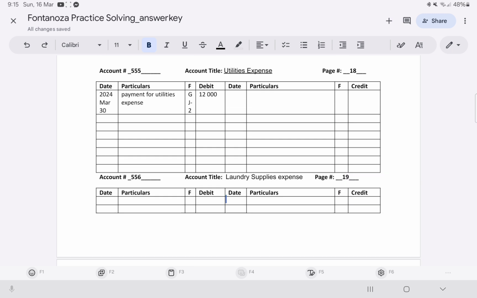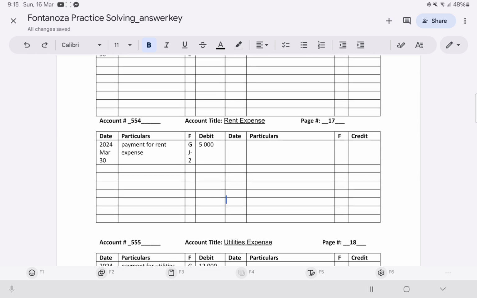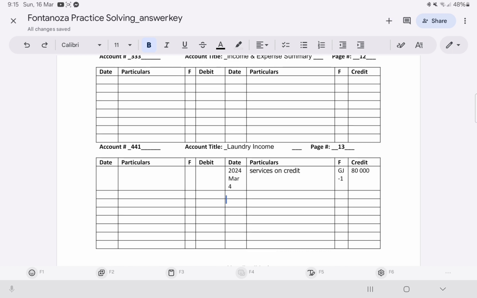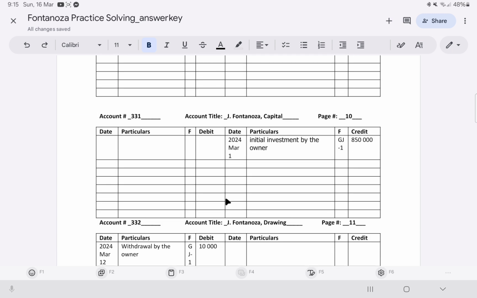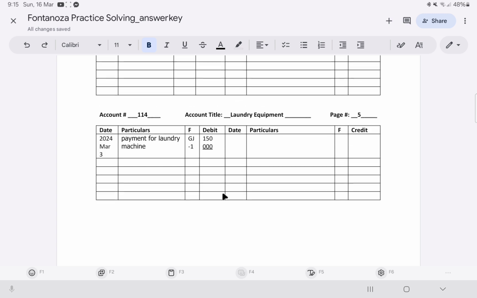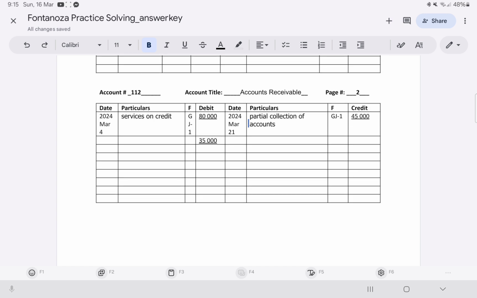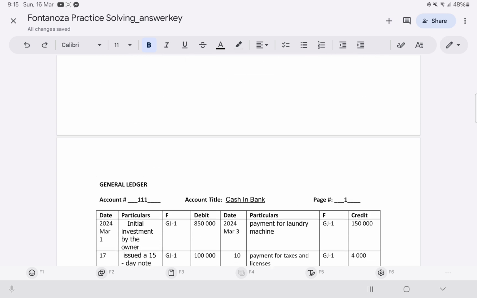Okay, these are the account titles of the general ledger, and we then posted the general journal to the following accounting titles here in the general ledger.